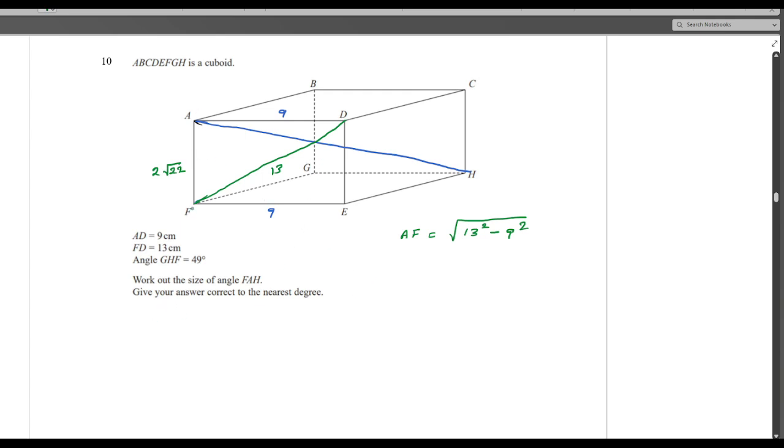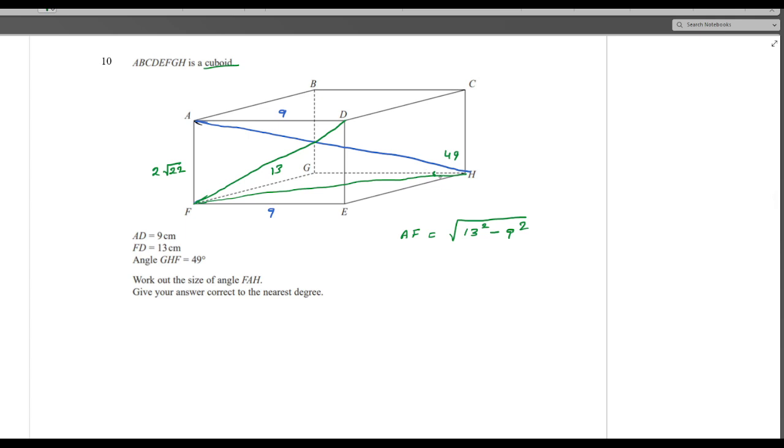Now I know this height. GHF. One more thing I know here: this angle GHF is given as 49. So at the bottom I have one rectangle in which one angle I know.